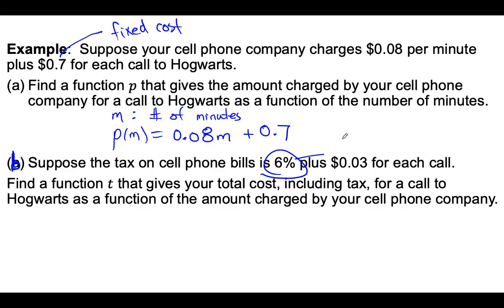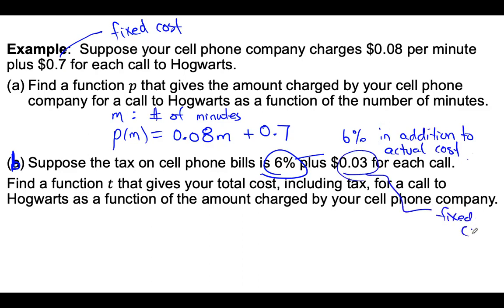So this is 6% in addition to the actual cost, and this is the fixed cost.